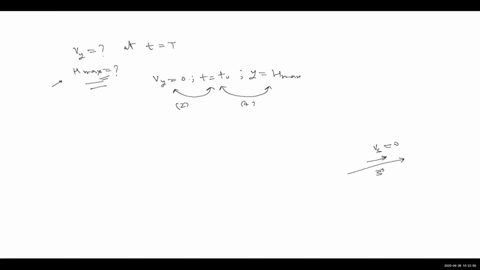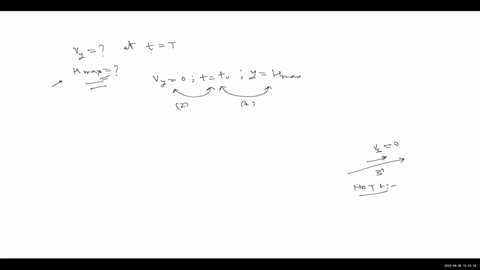When the velocity along this direction becomes 0, at that instant the displacement along this direction will be maximum. Write a note. So displacement along any direction will become max when velocity along that direction becomes 0.